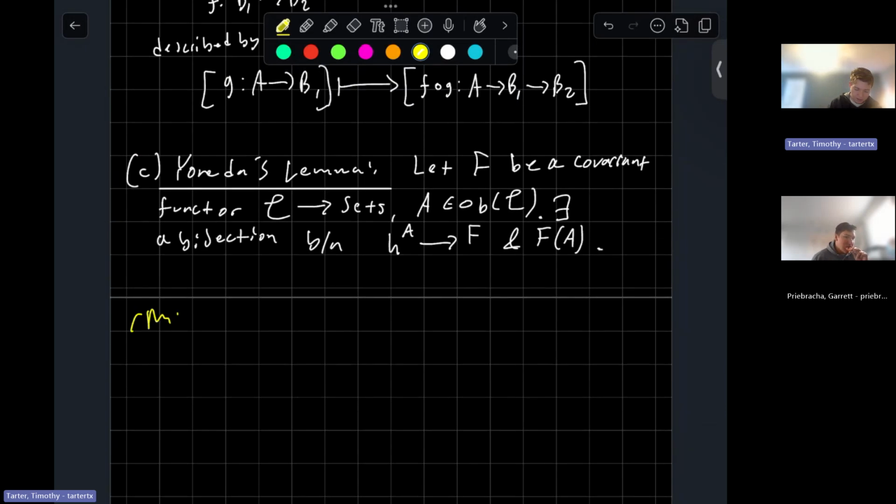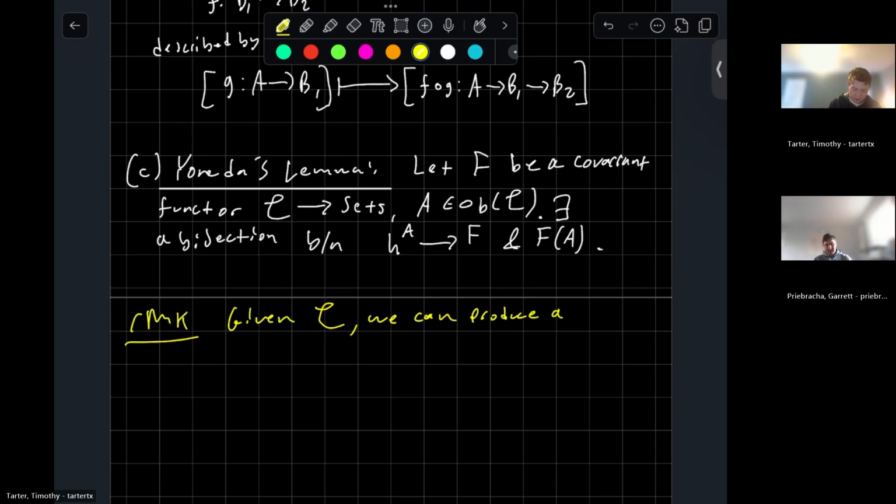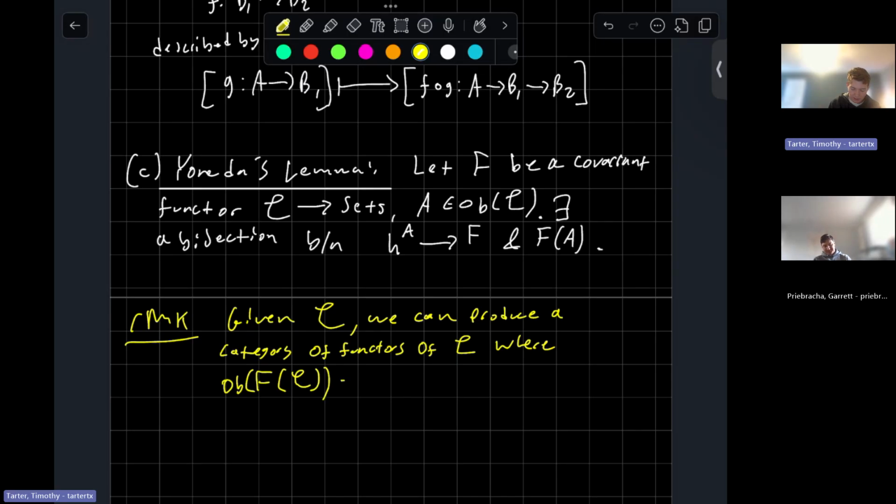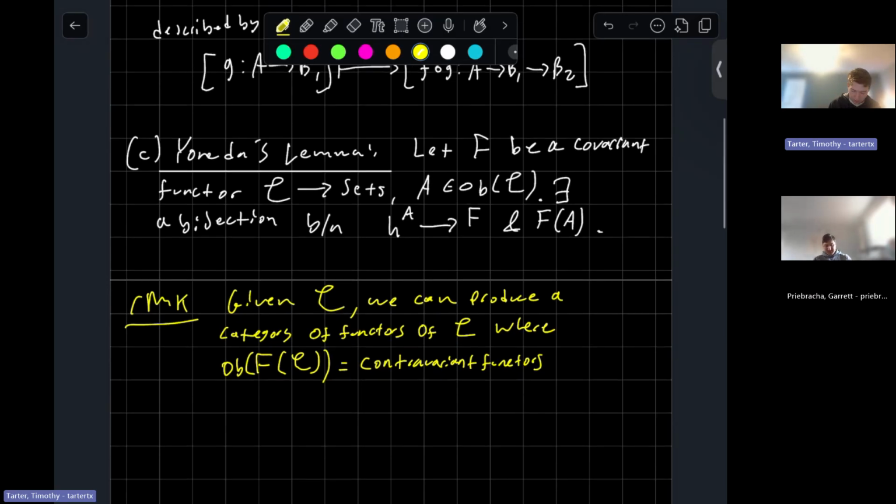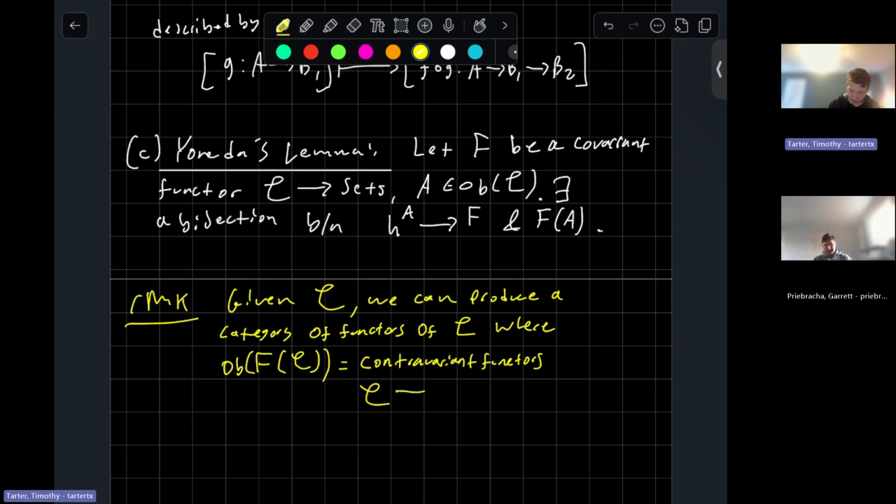So just as a remark, given a category C, we can produce an induced category of functors of C, where ob of the category of functors of C, hopefully my notation is clear here, consists of contravariant functors, and those go from C to sets.